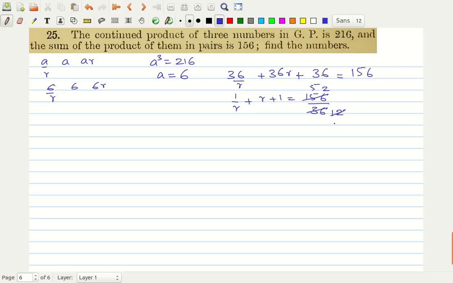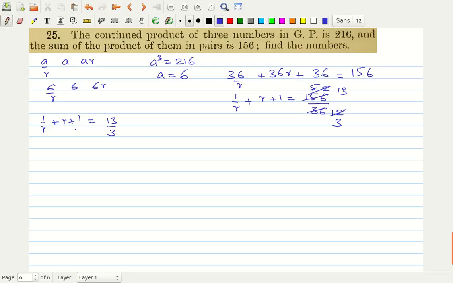So you can divide it by 4 maybe. 4 times 3 is 12 and 4 times 13 is 52. Okay, yeah. So we have 1 by R plus 1 plus R is equal to 13 by 3.